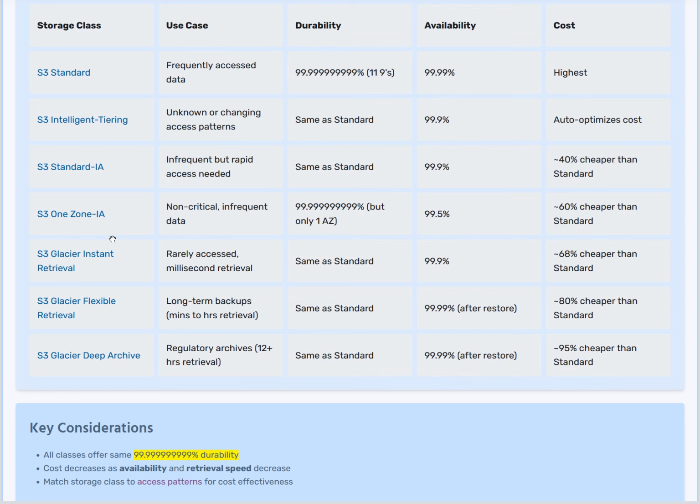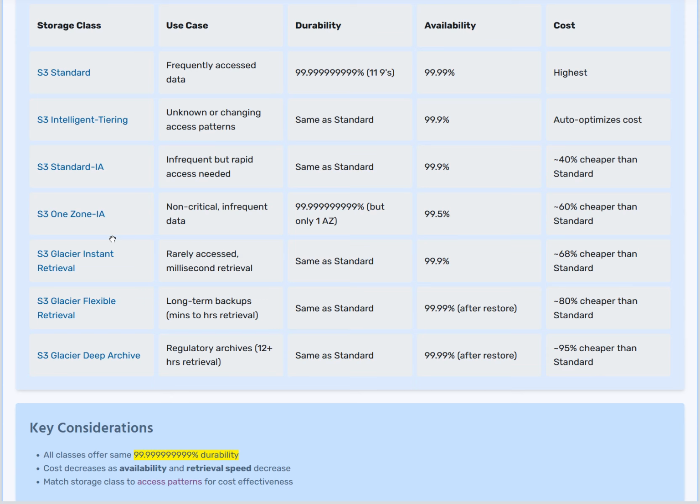Now the Glacier classes. What are the options available? S3 Glacier Instant Retrieval. The difference is the retrieval. It's for rarely accessed data with millisecond retrieval.